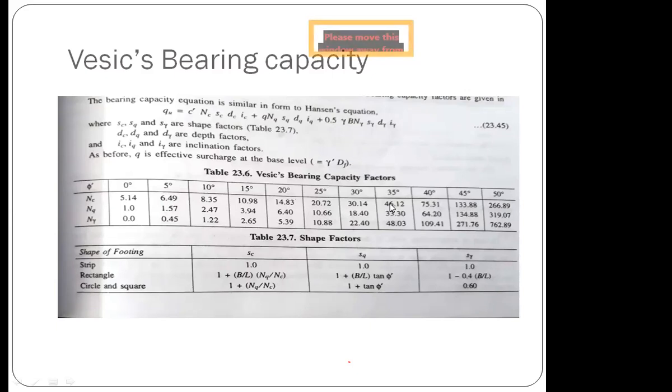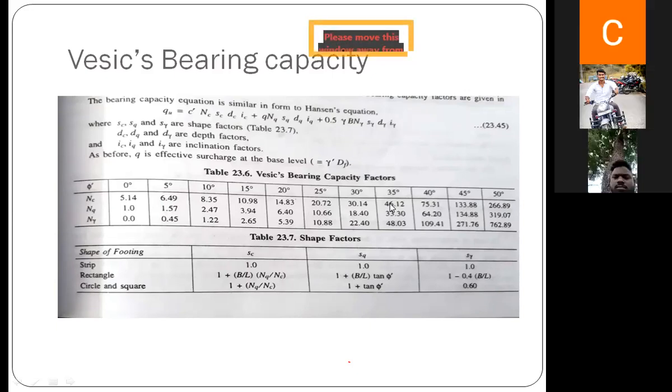Meyerhof has graphs for Nc, Nq and N gamma values. For those values he has not given tables, he has given graphs. Vesic has given the values in the form of tables, for shape factors and also for bearing capacity factors.